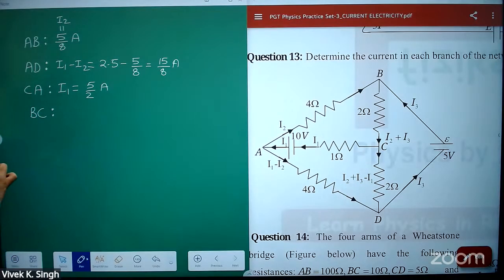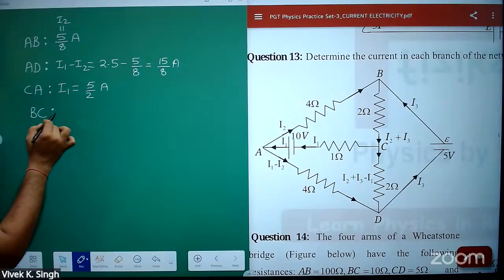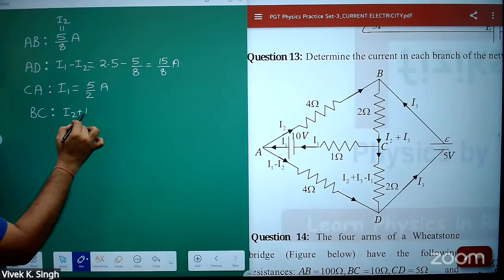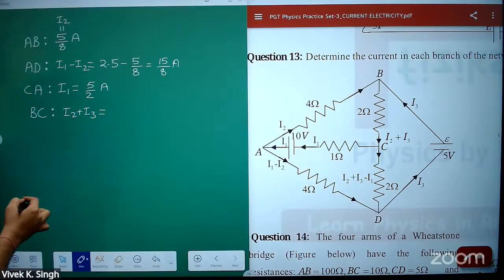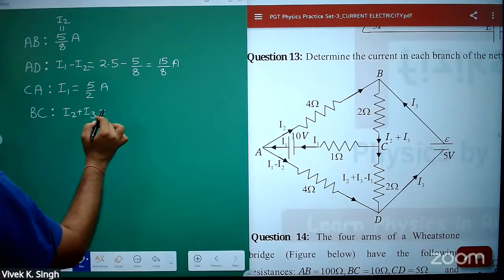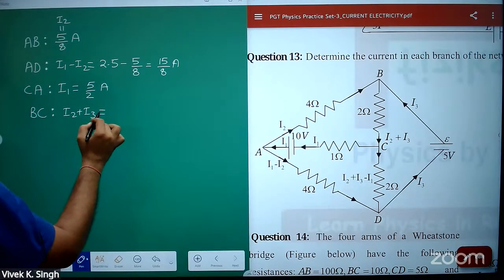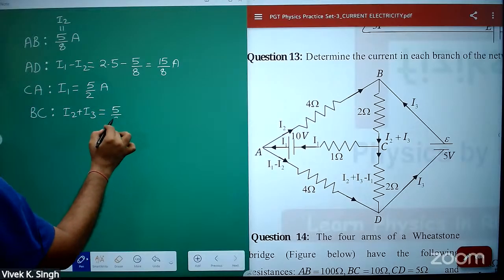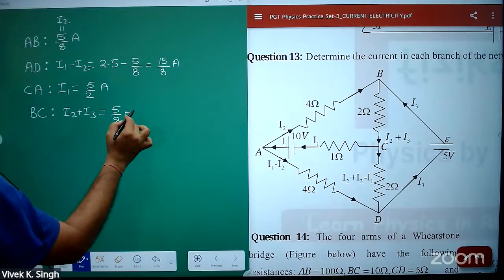In BC, the current is I2 plus I3. I2 we have calculated as 5 by 8, and I3 we have calculated as 15 by 8.